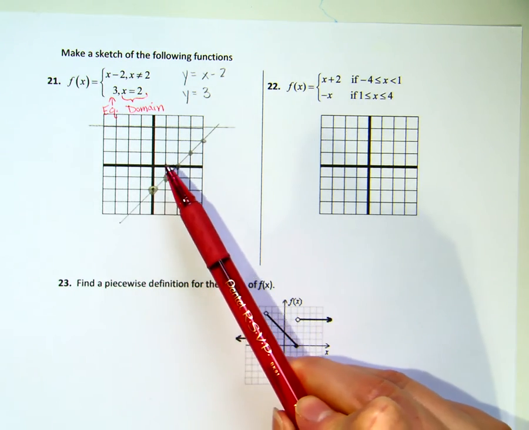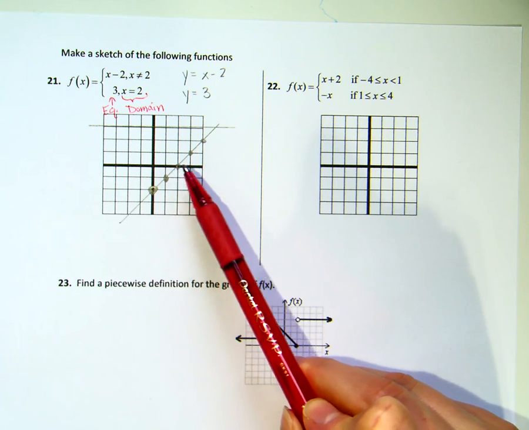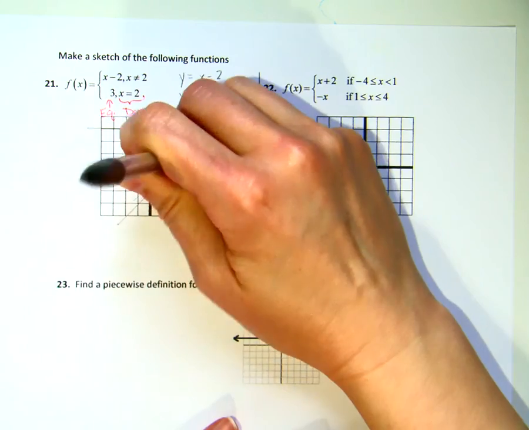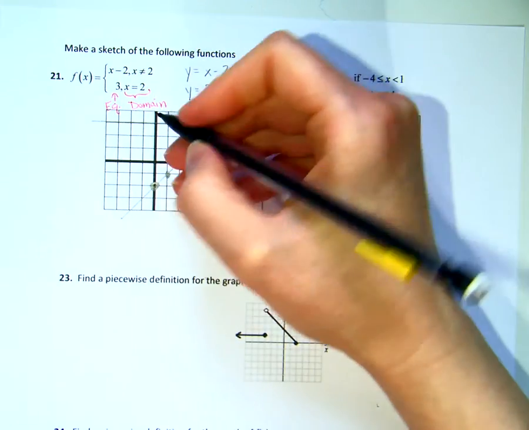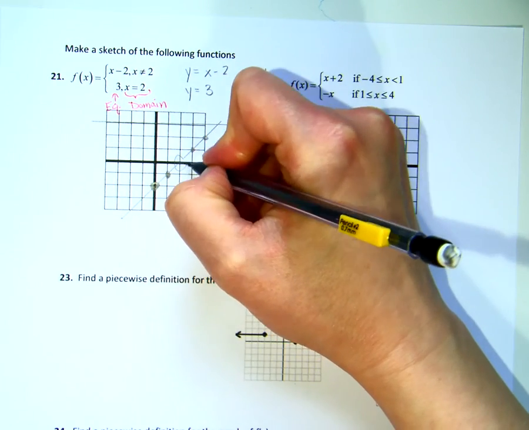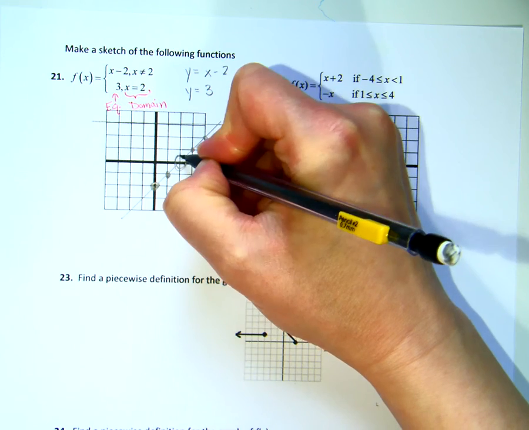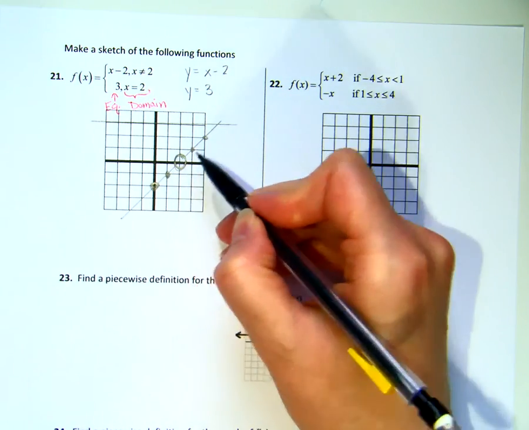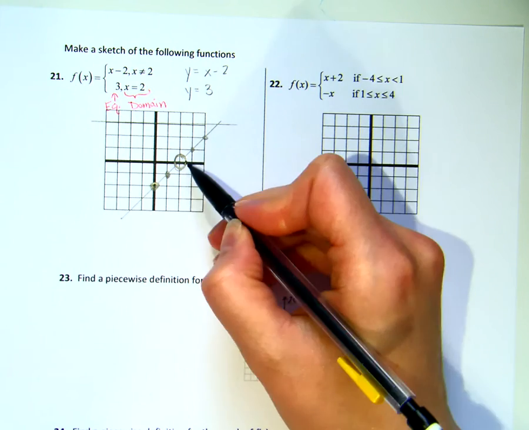So I'm going to look at my x value of 2 on that line, and I'm going to erase it. And instead, I'm going to put an open circle on that part to say that I have everything below x equals 2 and everything above x equals 2, but I don't have that single value.